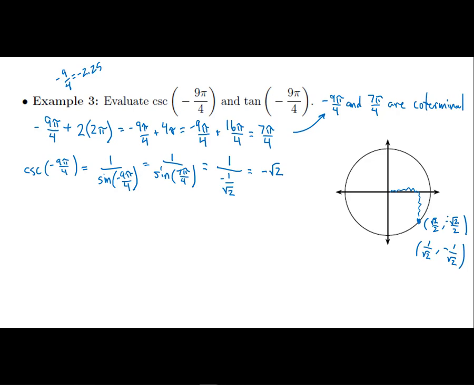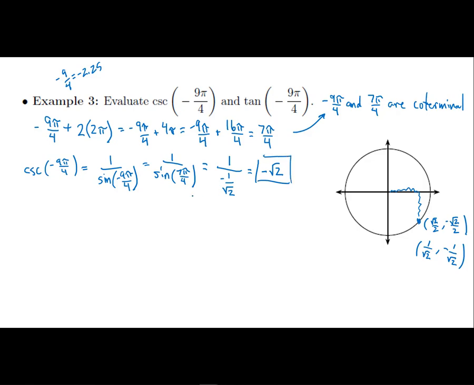Of course it's still perfectly correct to use this. It's not a big deal, but just a little note that it's nice sometimes to be interchangeable with the way that we express those values at multiples of pi over 4.